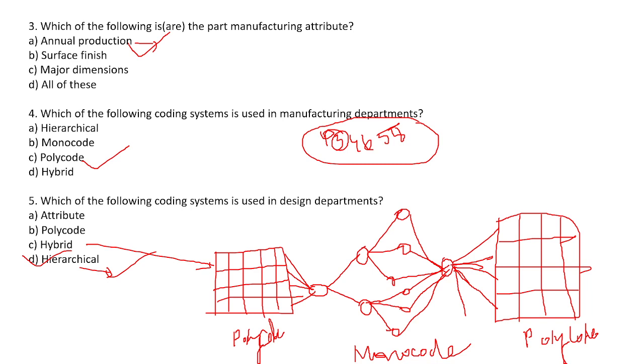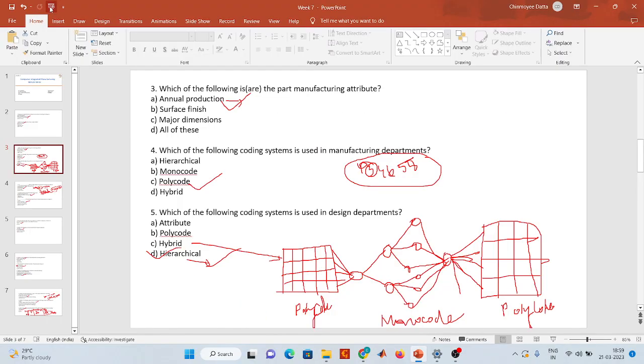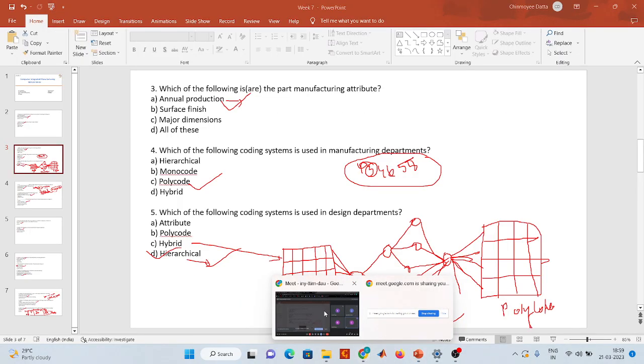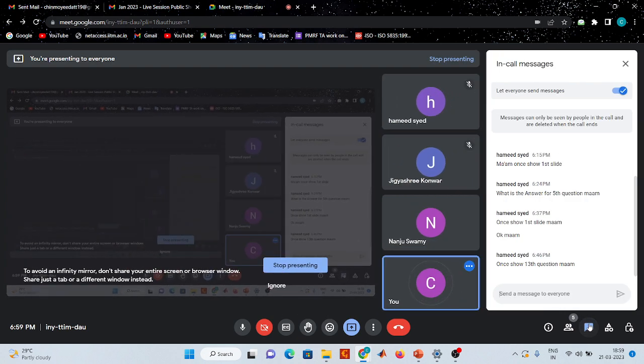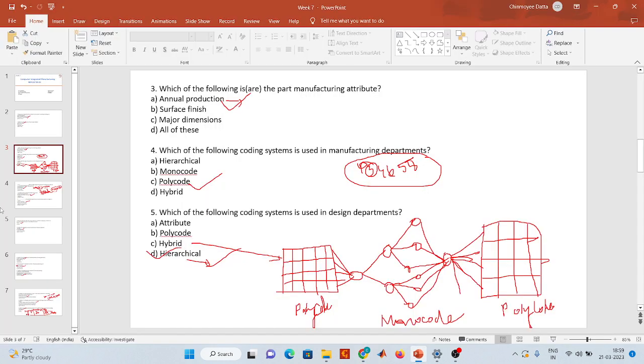So, any other doubts or questions in the assignments, in previous years or this year's assignment questions, in week 7? Anything? Show the 13th question once.